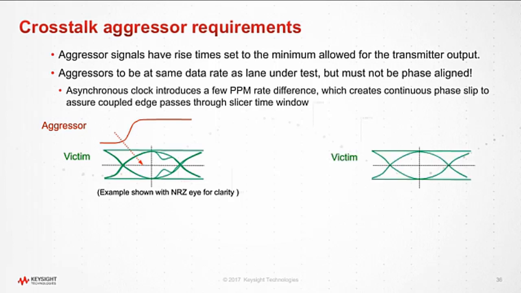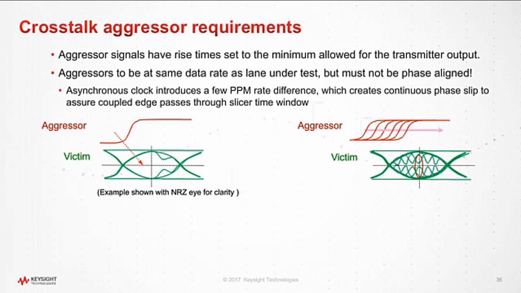So by putting an asynchronous clock requirement in, that puts in some phase slip, because you're going to have a few parts per million difference in any two different clocks. So every time that goes through, the next aggressor edge is going to be at a slightly different point in time, and it's going to slide through the entire unit interval, and eventually it's going to land where the slicer is, and if we've got a problem, you're going to catch it.